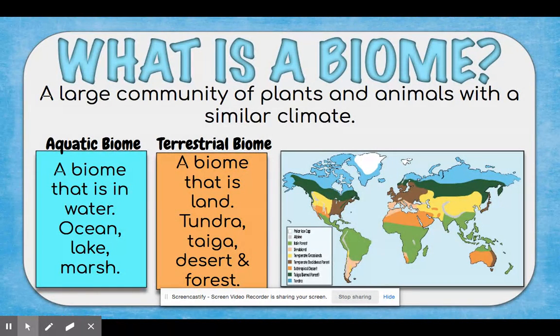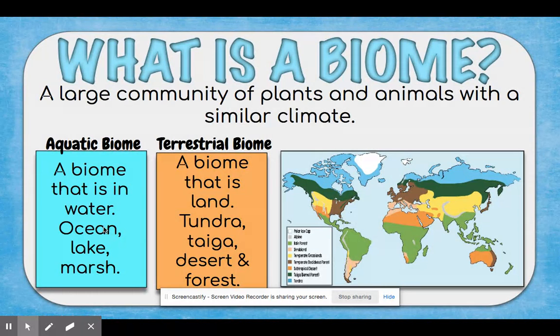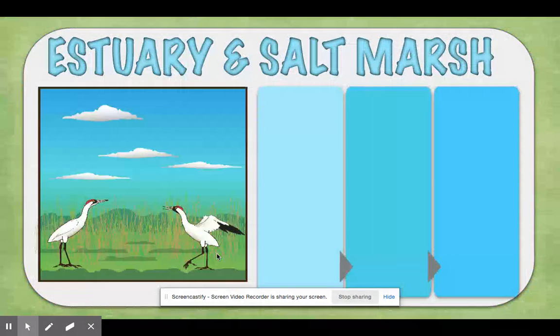In that aquatic category, there are things such as the marine or freshwater, okay? Marine meaning the ocean. Freshwater meaning the lakes, the rivers, the streams. Terrestrial is anything land. So deserts, forests, tundra, taiga, okay?